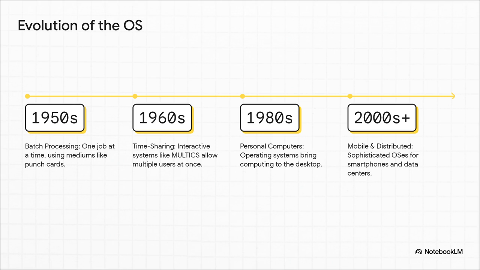The 1960s, though, brought a revolution with time-sharing systems like Multics, which let multiple users interact with one giant computer at the same time. This was the direct ancestor of modern OS design. Then, the 1980s put that power on our desks with personal computers, and by the 2000s, operating systems were sophisticated enough to fit in our pockets and powerful enough to run the entire cloud.